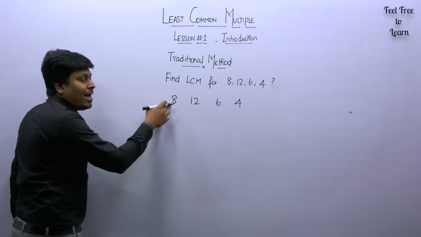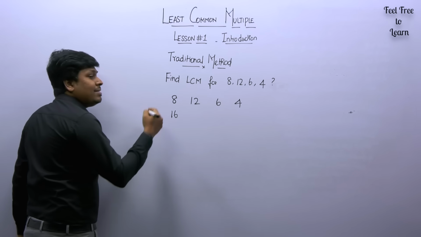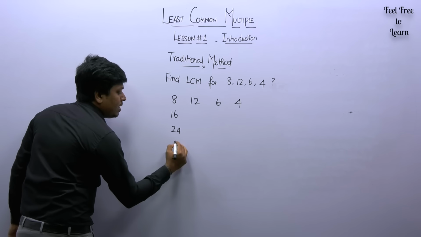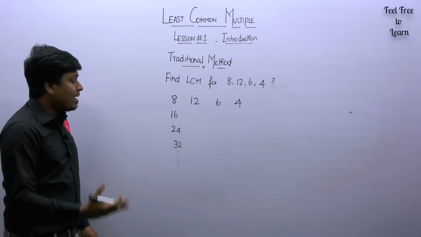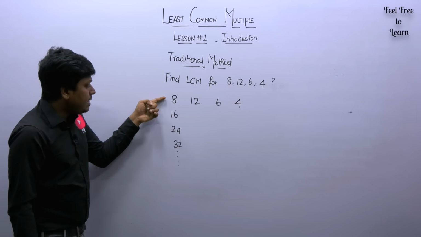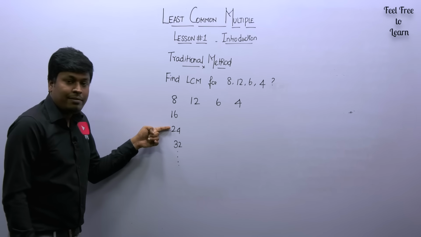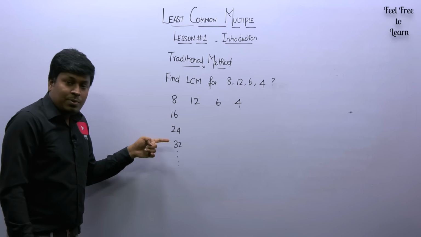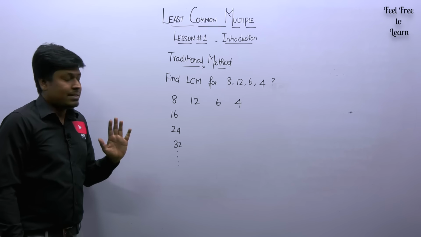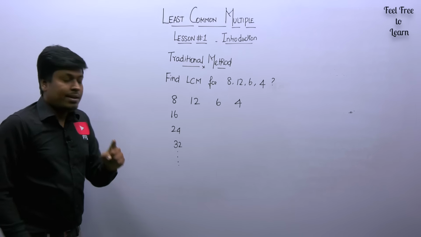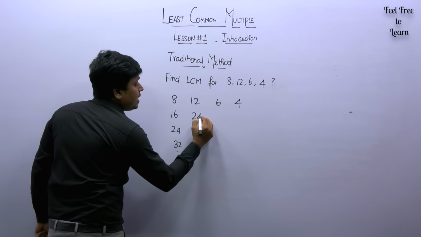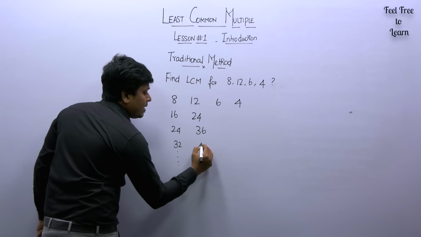8 ones are 8, 8 twos are 16, 8 threes are 24, 32, and it goes on. Got the logic? We are writing the multiples. 8 ones are 8, 8 twos are 16, 8 threes are 24, 8 fours are 32, it goes on, right? 40, etc. Similarly, write the multiples for 12. 1 12 is 12, 2 12s are 24, 3 12s are 36, 4 12s are 48.